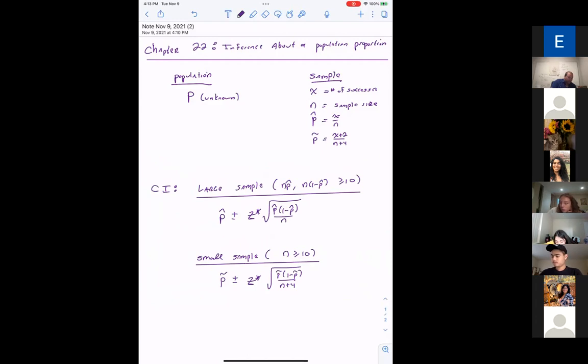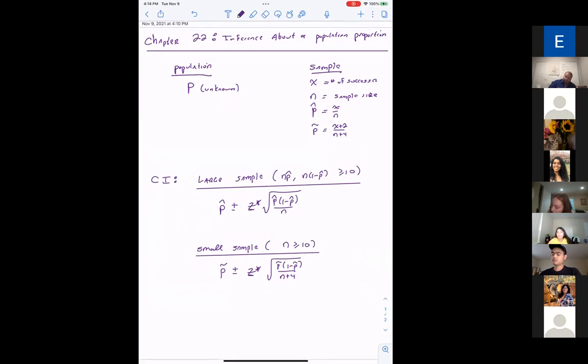That was half of the chapter. That's what we did last time. Did we also talk about choosing the sample size? How to choose sample size for a given margin of error.